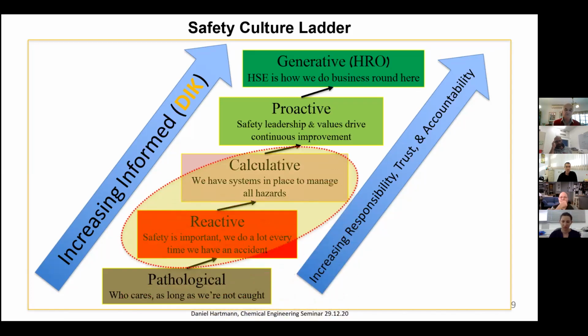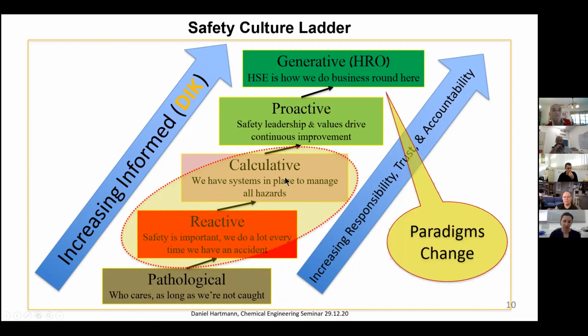Unfortunately, I don't know if someone in the world tried to categorize organizations according to this ladder, but I would say that 99% of organizations are within this central part of the ladder.